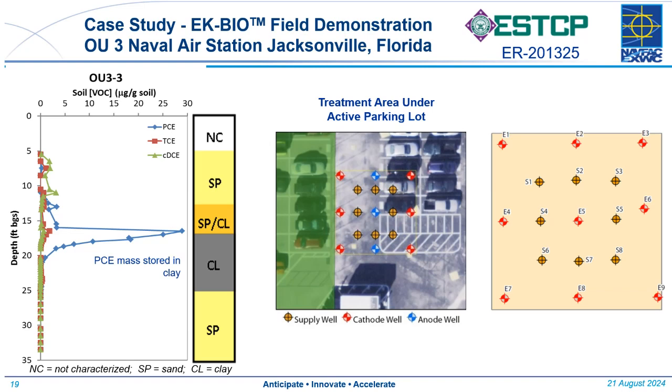We were having difficulty getting that out of the ground by other means, so the ESTCP sponsored this demo of EK, and the graphics on the right show the simple layout of the pilot test plot or the demonstration plot. There were 9 electrode wells and 8 supply wells in an active parking lot.